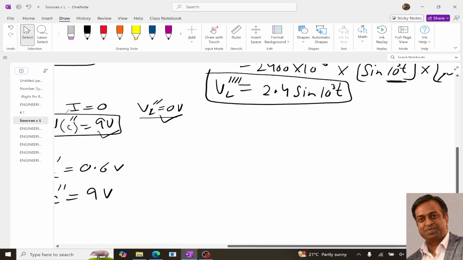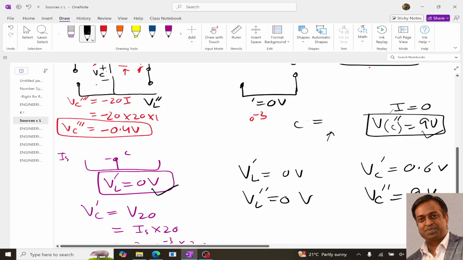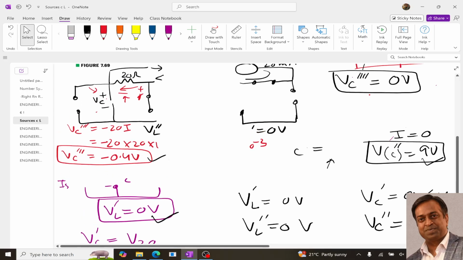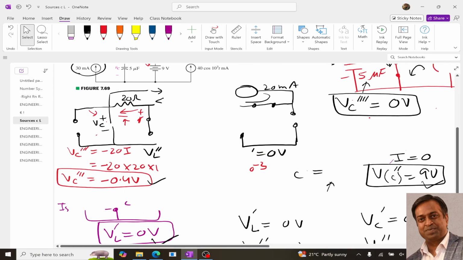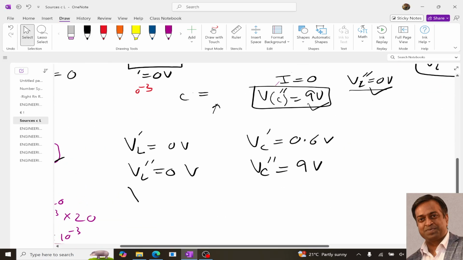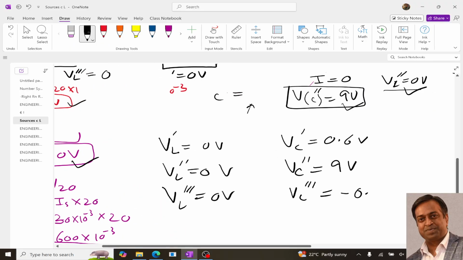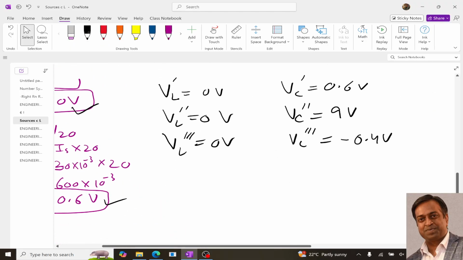Now the third case: our VC triple dash is 0.4, and over here we had determined that it is 0 volt because of the short circuit, right? So our VL triple dash is 0 volt, and VC triple dash is minus 0.4 volt.